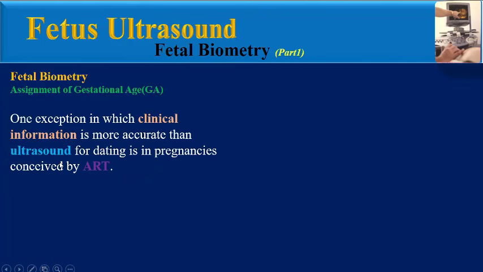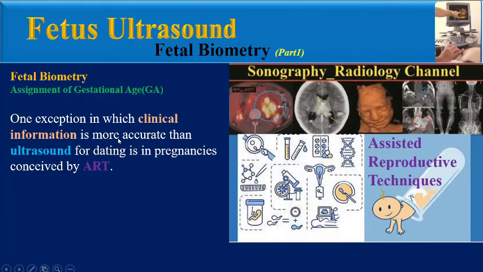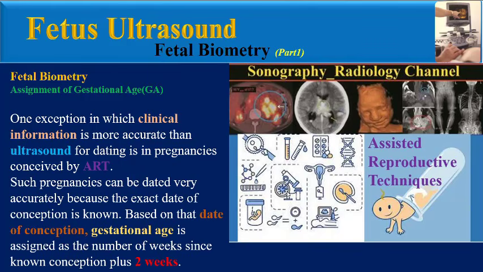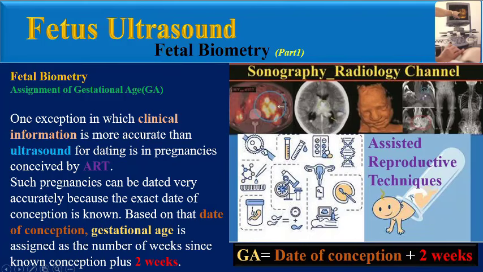As I told before, one exception in which clinical information is more accurate than ultrasound for dating is in pregnancies conceived by ART. Such pregnancies can be dated very accurately because the exact date of conception is known. Based on that date of conception, gestational age is assigned as the number of weeks since known conception plus 2 weeks.